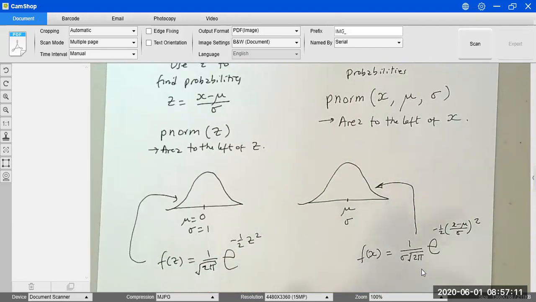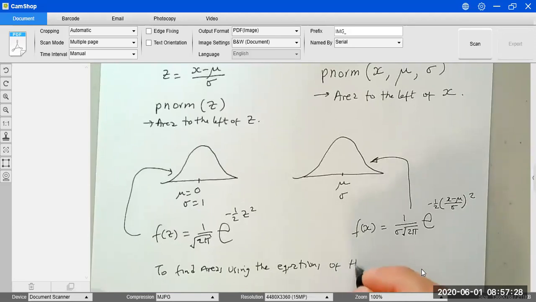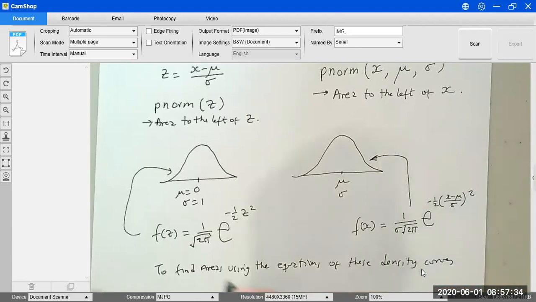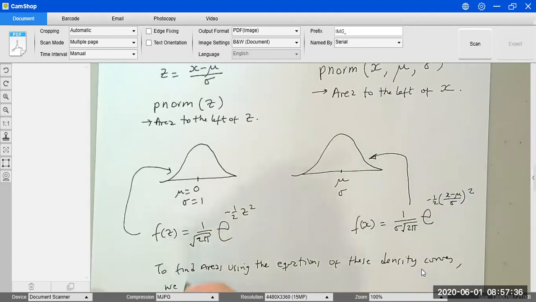But anyway, we don't need to deal with these equations. To find areas using the equations of these density curves, we have to use integrals.